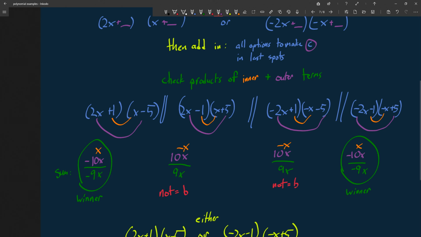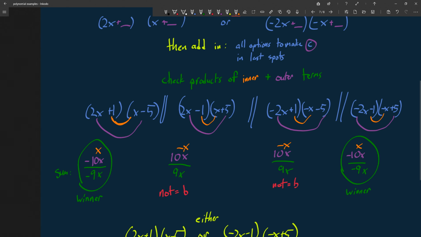You're going to try, this is called the double smiley face, by checking the inside terms. So the ones on the two inside bits, plus 1 and x, makes x. And our two outside terms, 2x and negative 5, makes negative 10x. You're going to try taking those products, so multiplying out the inside bit and the outside bit. That's where the smiley face comes from, because you're drawing two little curves here.